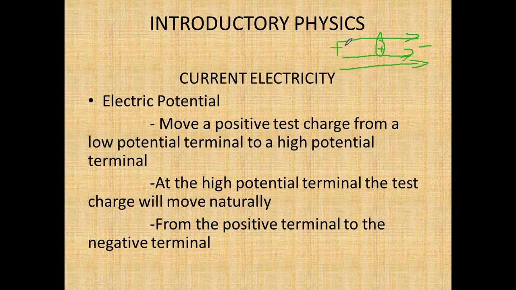So it's going to move from the positive source charge towards the negative charge. Let's call this position A. So the position of this positive test charge in this electric field is A.